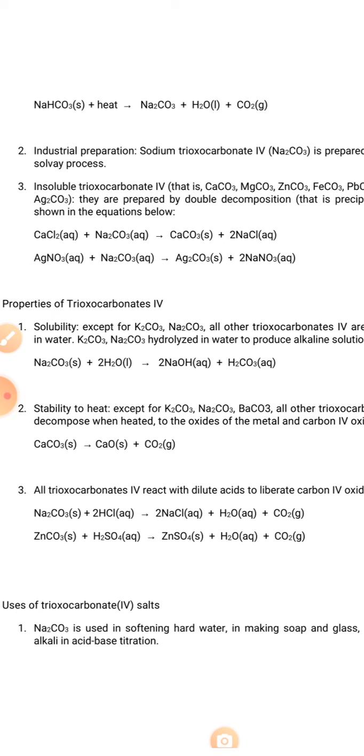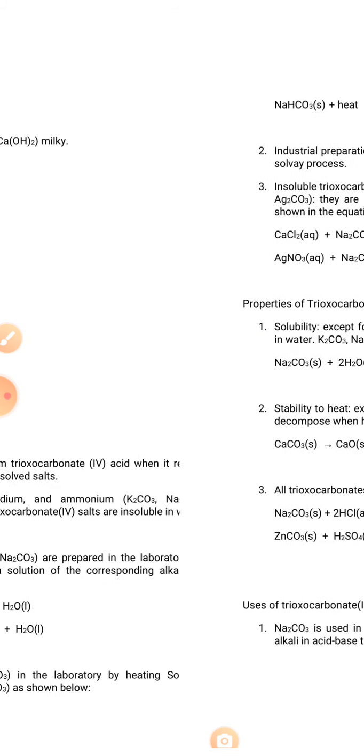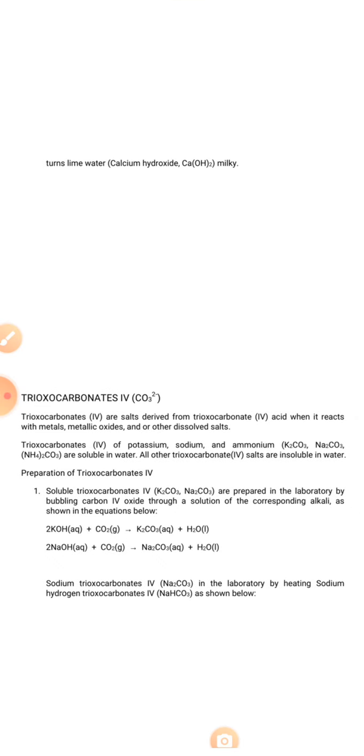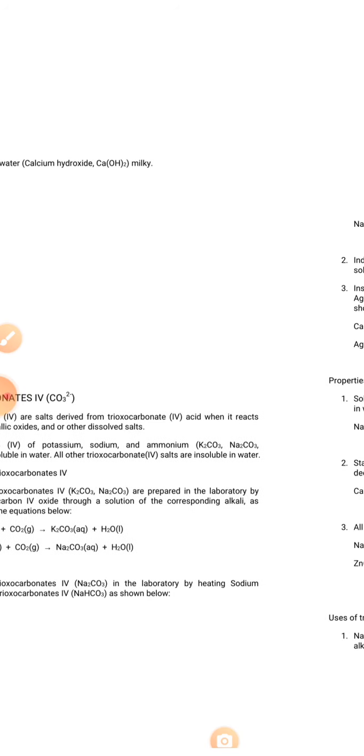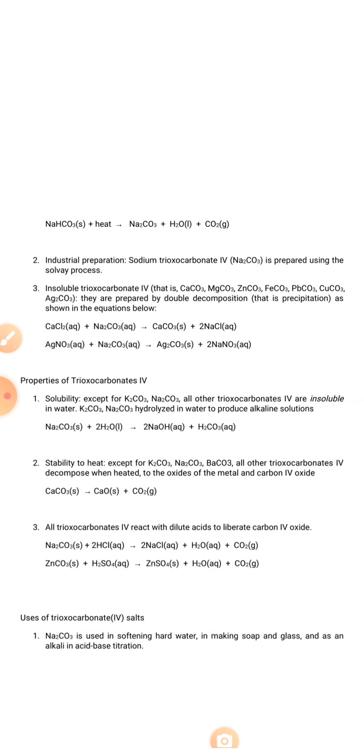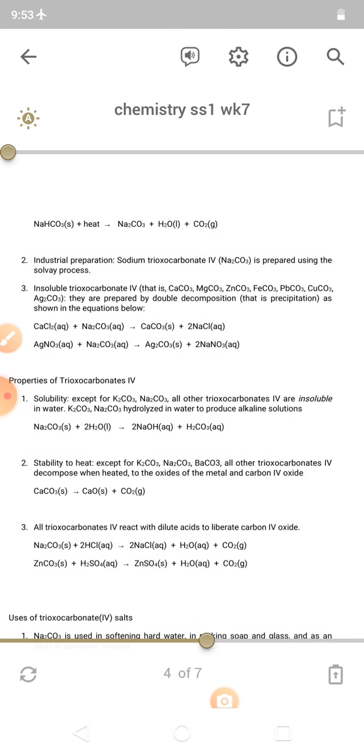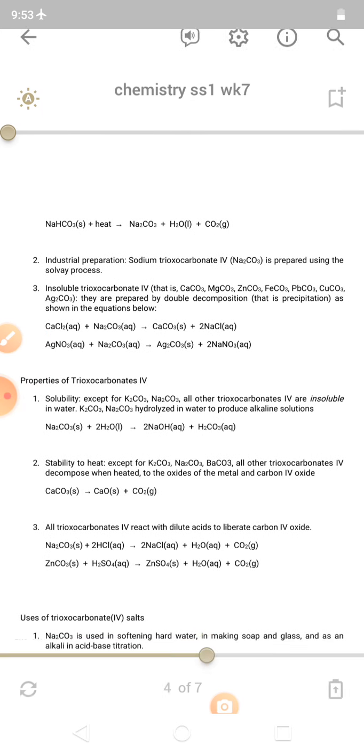Insoluble trioxocarbonate(IV). In number 1, I said soluble trioxocarbonate(IV). Now, number 3, insoluble trioxocarbonate(IV). Examples I list here: CaCO3, MgCO3, ZnCO3, FeCO3, PbCO3, CuCO3, Ag2CO3.